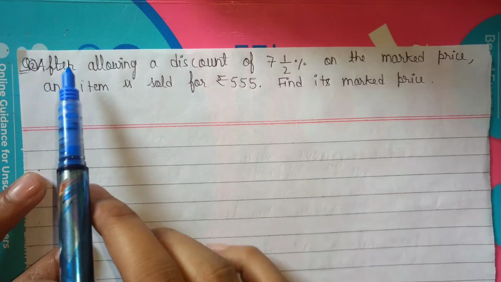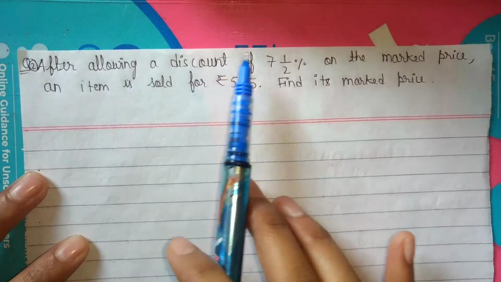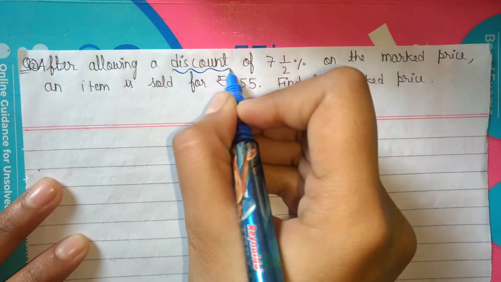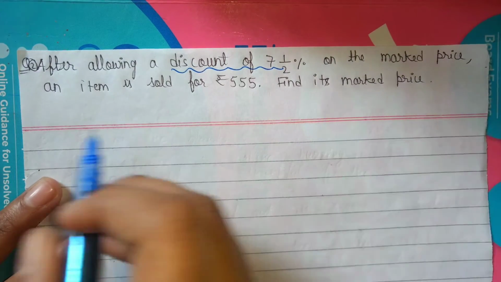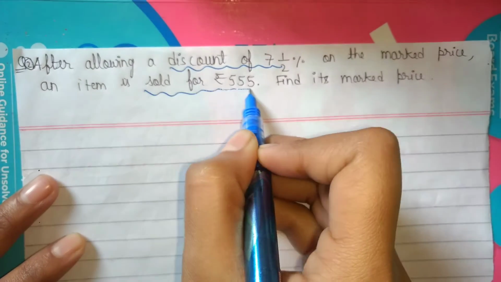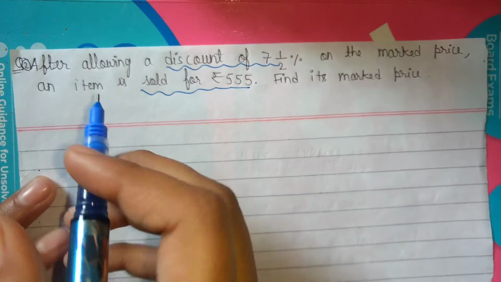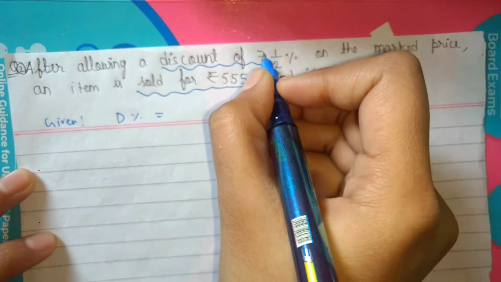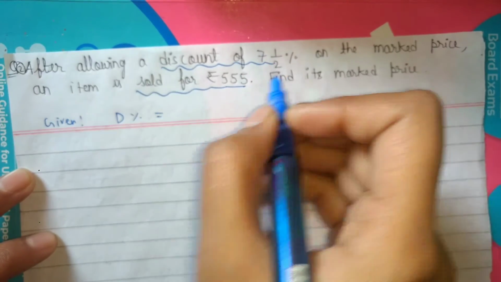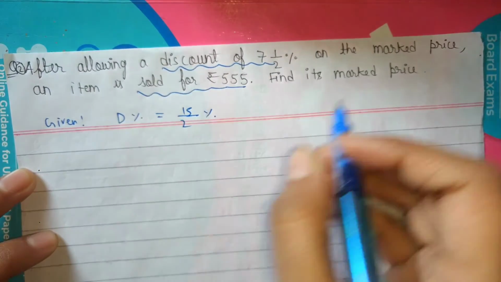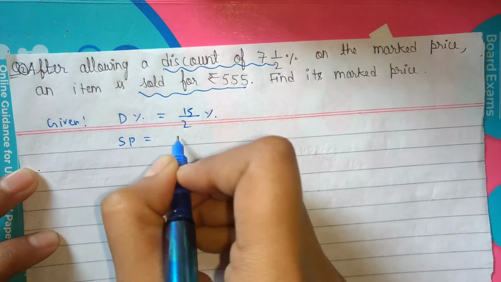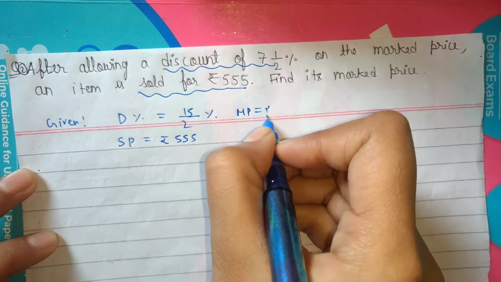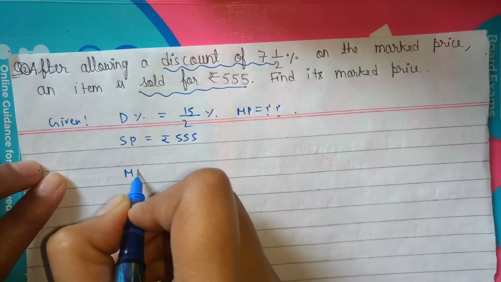The next question says that after allowing a discount of 7 whole 1 by 2% on a marked price, an item is sold for rupees 555, find its marked price. So discount percent is equal to 7 whole 1 by 2, so we can call it 15 by 2%. SP is given, we have to find MP. So we have a direct formula for that.